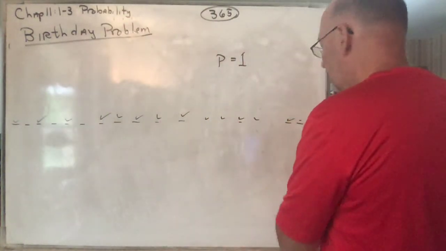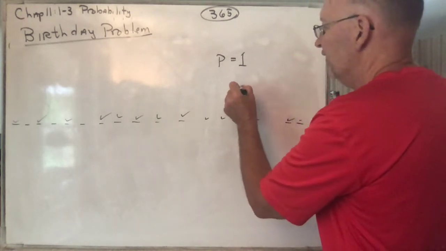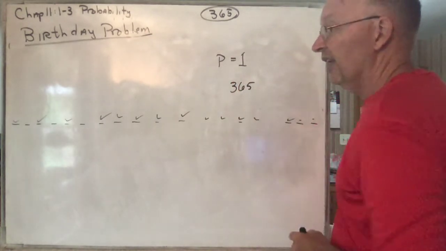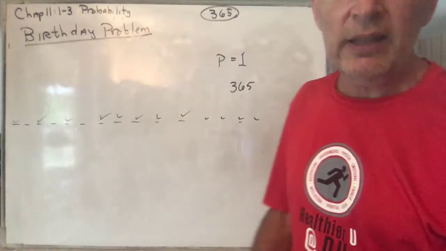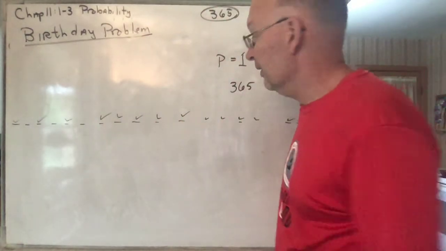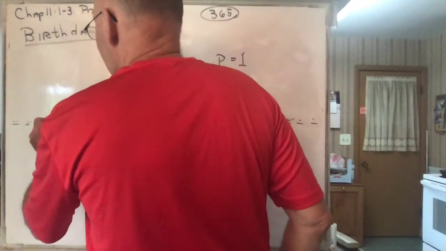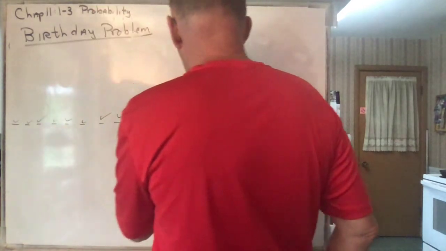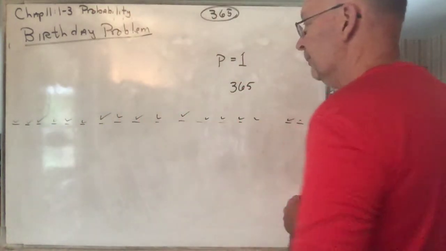Agreed? If you have 365 people in a room, then it's possible, not very likely, but possible, that each of those people has a different birthday, because you have 365 slots and one person for each slot, and so they could all still have distinct birthdays.